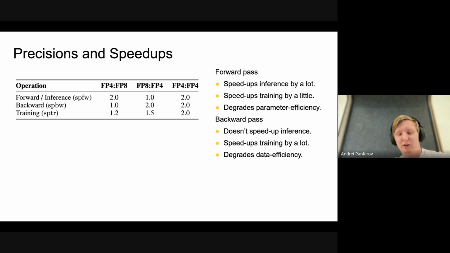It only affects training speedups by a little, and it degrades parameter efficiency from the scaling law form that we proposed before. Backward pass quantization, however, doesn't speed up inference at all, affects training speedup by a lot, and degrades the data efficiency of our training method, as again shown in the previous section.